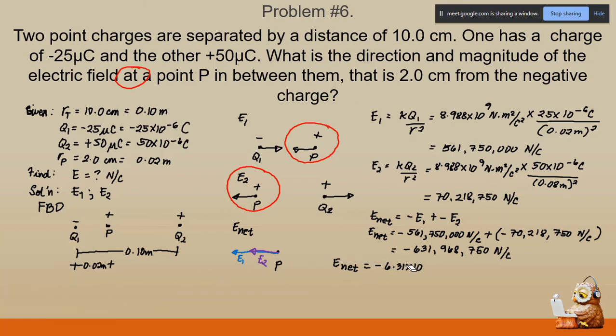So 6.32 times 10 raised to positive 8 newtons per coulomb. You can have the answer negative 6.32 times 10 raised to positive 8 newtons per coulomb, or you can also have the answer 6.32 times 10 raised to positive 8 newtons per coulomb towards Q sub 1. So for our E sub net, either of these two answers is correct.